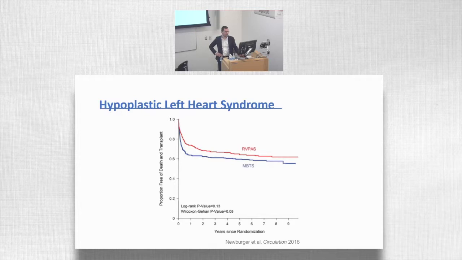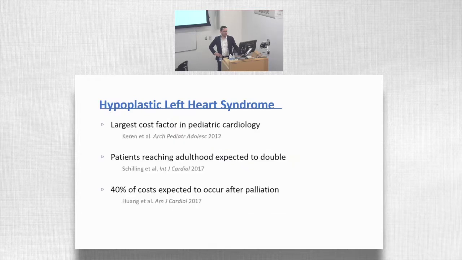While we can say, well, we've done pretty well, and that's how all these papers start, claiming how we've improved over time, it's not only that we are still at 60%. Hypoplastic left heart syndrome is by now the largest cost factor in pediatric cardiology. It ranks 7th amongst every kind of pediatric diagnosis, and that's with about a third of the admissions compared to other diagnoses that are high up in the ranking.